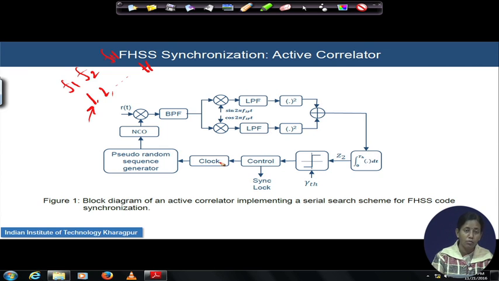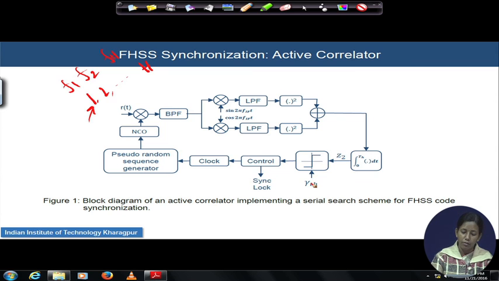The control needs to readjust the clock in such a way that, for most of the hop sequences, you get aligned so that the output of the detector is improved. Think of the completely opposite situation. If you have perfect sync with all the hopping frequencies, then in all the cases the detector output will be really high, and the value of z will also be very good.